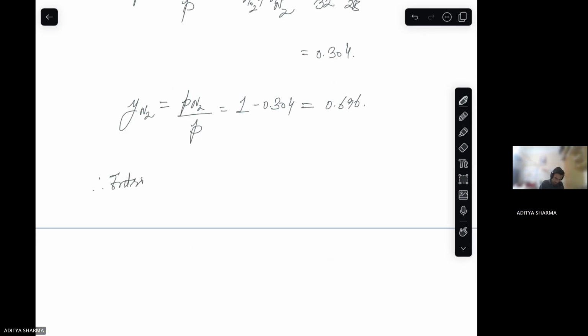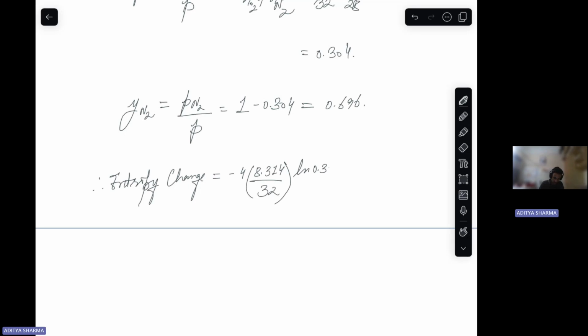So entropy change equals to minus 4, 8.314 divided by 32 ln 0.304 minus 8.314 divided by 28 ln 0.696.